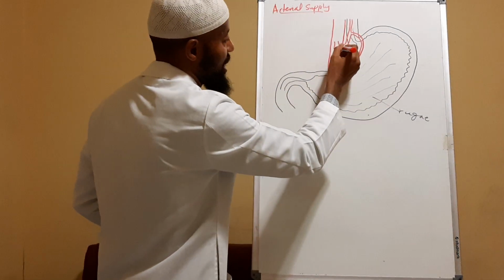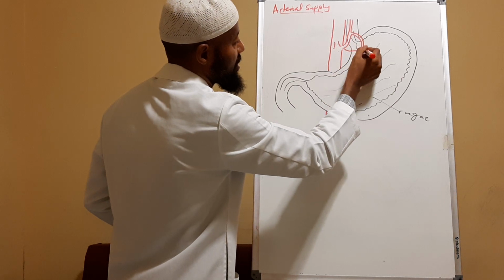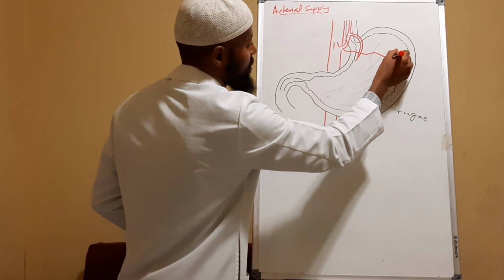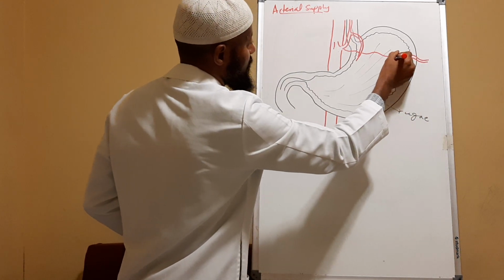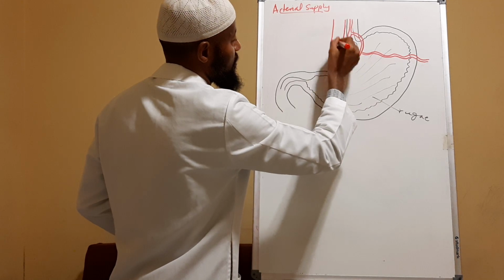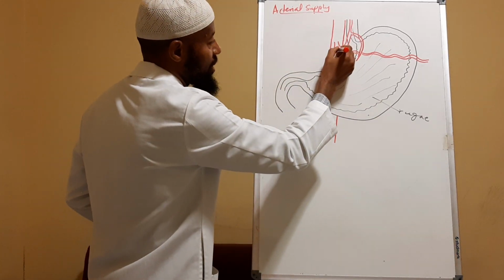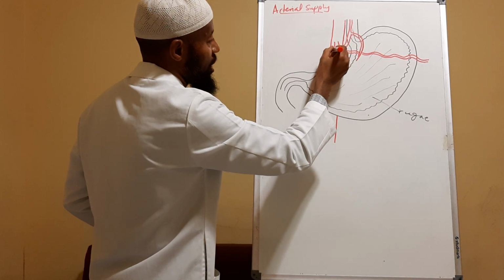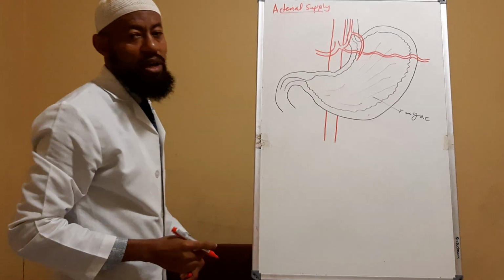The left gastric artery, and then we have this, which is the splenic artery. It's a little bit corrugated. So that's the second branch. And finally we have this branch here, which is the common hepatic artery.